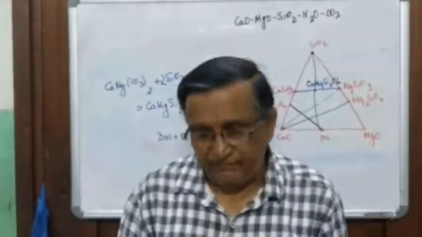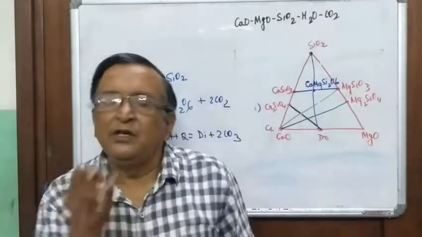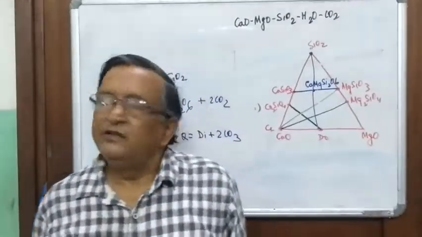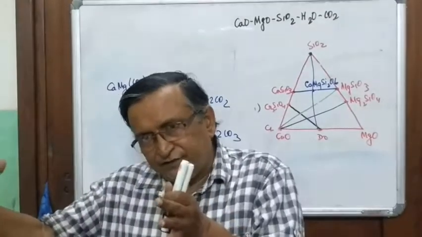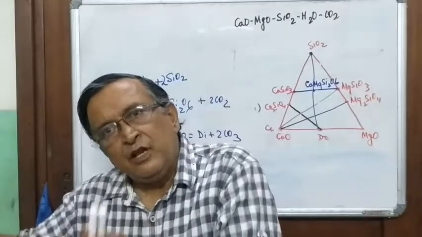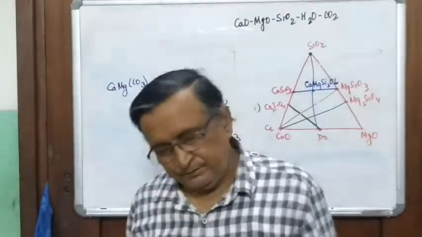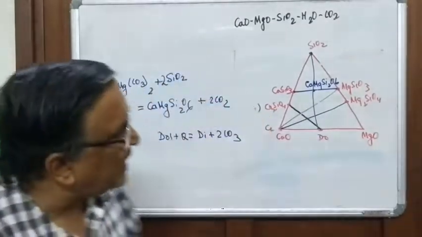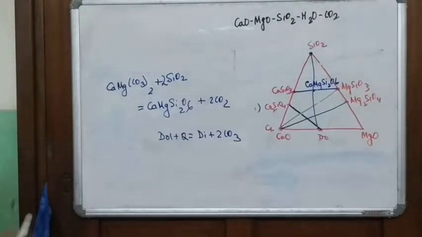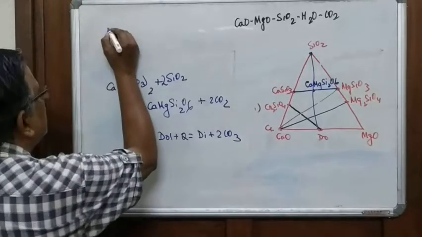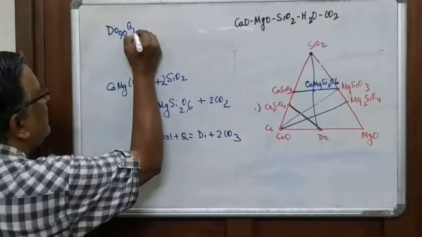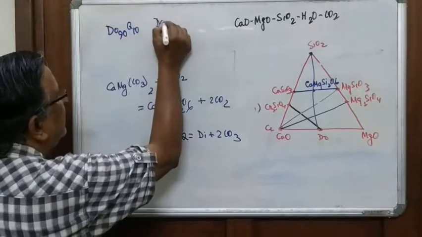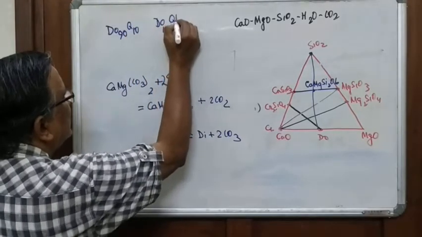But if you have a lot of quartz but a few dolomite, then what do you call it? Dolomitic quartzite. The bulk of the rock always comes at the end. Dolomitic quartzite. So say for example, if you take dolomitic quartzite and quartz dolomite, let's say we write dolomite 90, quartz 10, and dolomite 10, quartz 90.